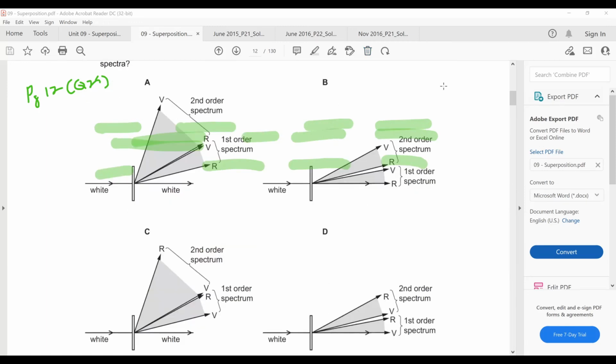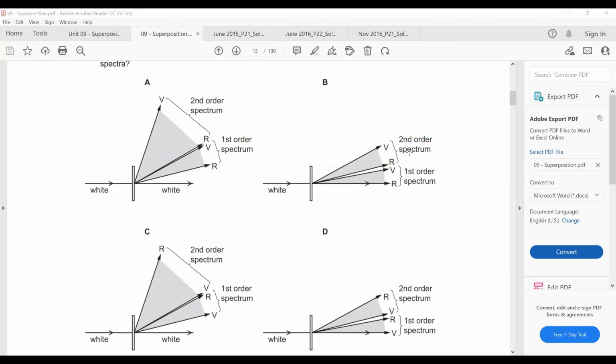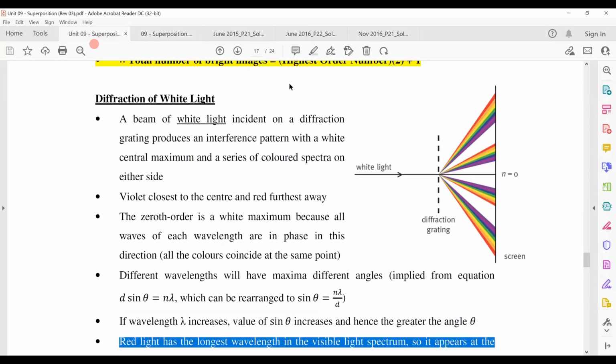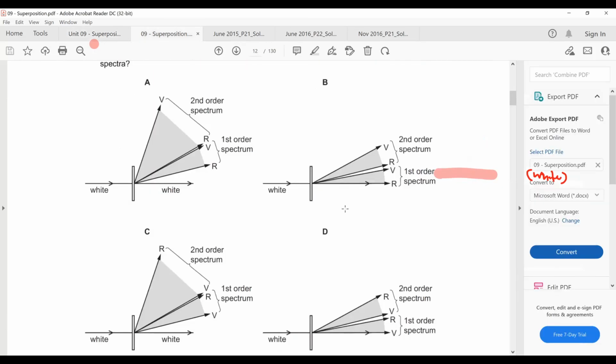Just by looking at this, you can do a process of elimination here. Just now I mentioned specifically to you that the center must be white. So you look at this question, and there are two choices where the center is not white.